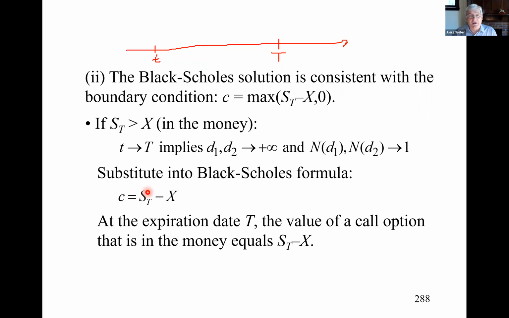And if at the end, at time big T, at the boundary, it's strongly in the money, then we have this positive payoff. We are entitled to get the share at X. If ST is bigger than X, then we just have this positive payoff, so we have this maximum here.